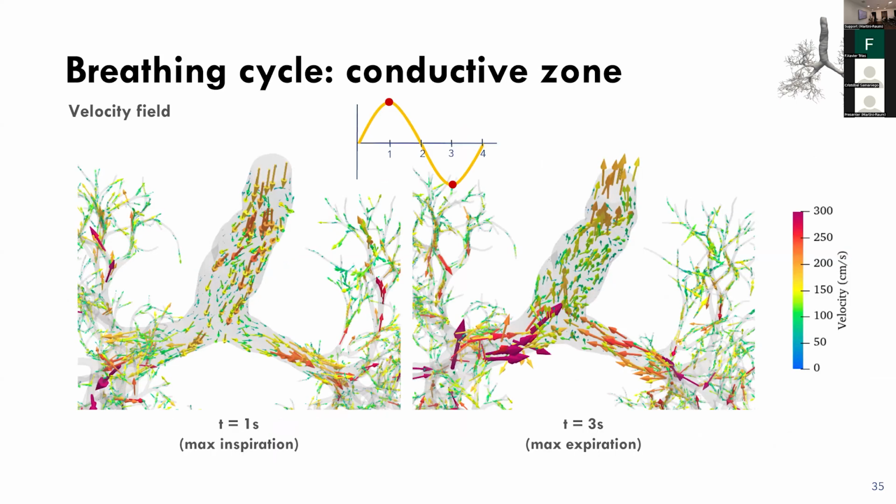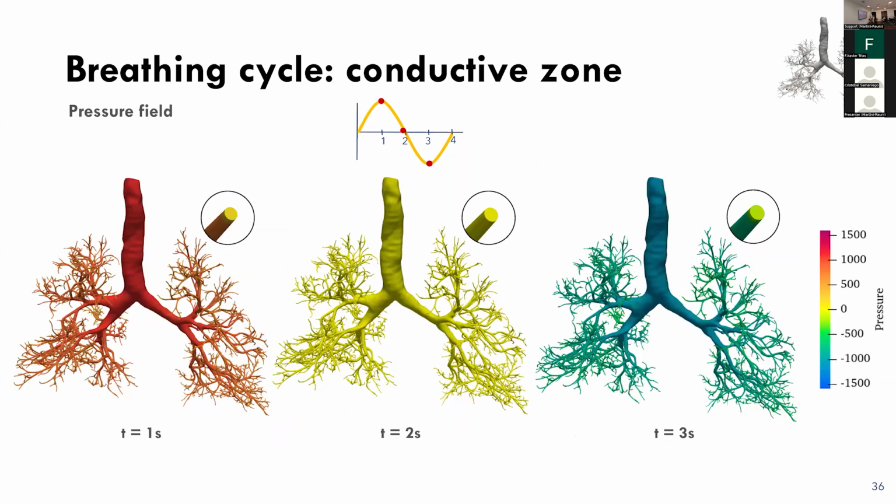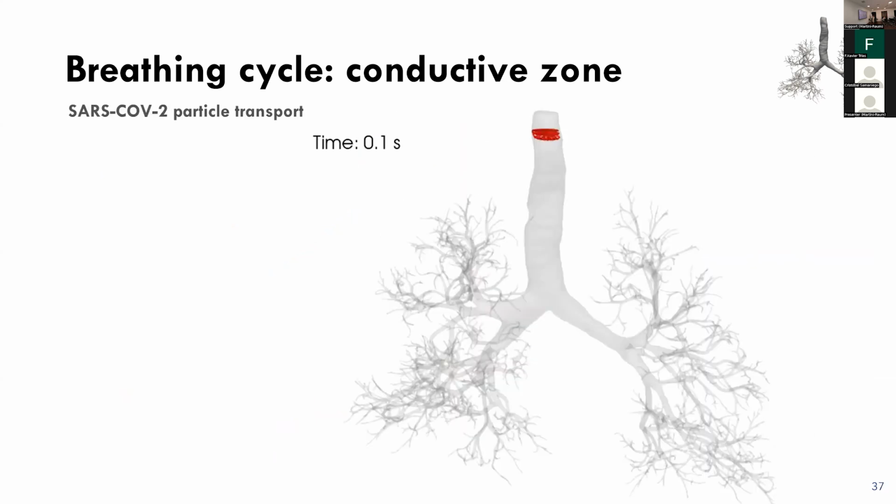But regarding the breathing cycle condition that we also performed, let me remark that we need to consider that the mesh has to be improved, but in any case, these are some results that we obtained with the cycle that you could see at different instances of time.